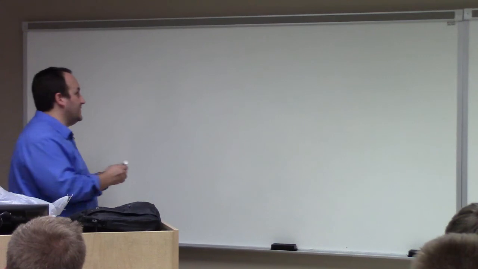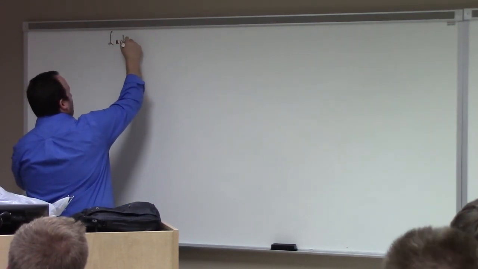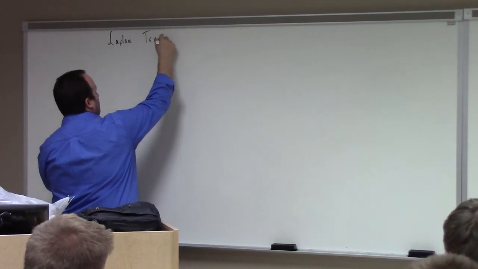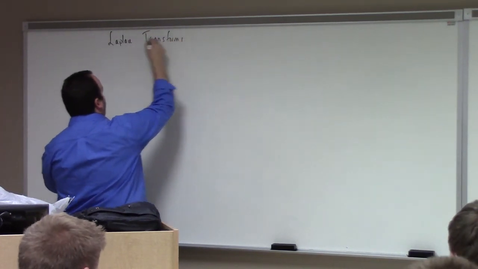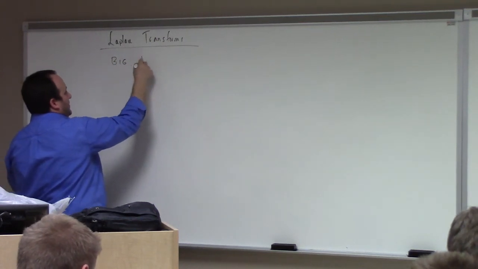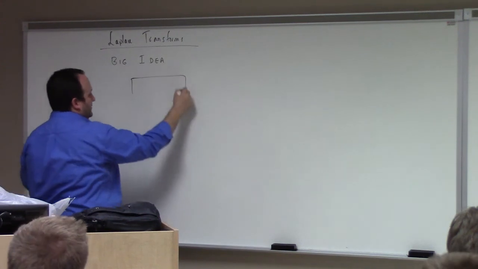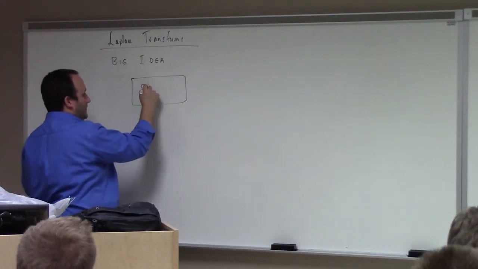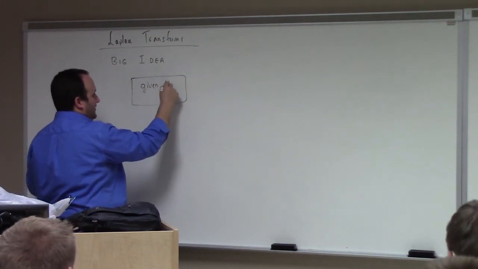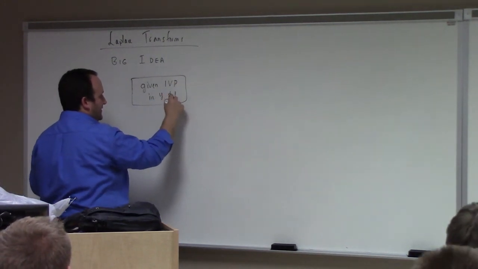Anyway, so we're talking about Laplace transforms. And so the basic strategy is what? Here's the big idea. Number one, you're given an initial value problem in little y and time t.